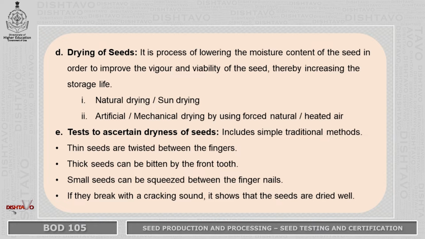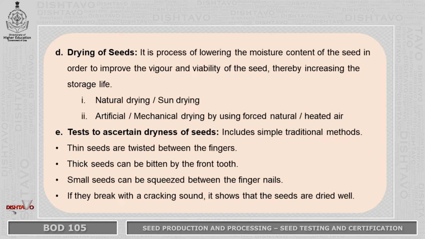This is an ancient practice wherein we use the solar energy from the sun and dry the seeds by placing them outside on the floor. Second one is artificial or mechanical drying by using forced or natural air. This is a machine wherein very high temperature air is released so that the seeds get dried up.